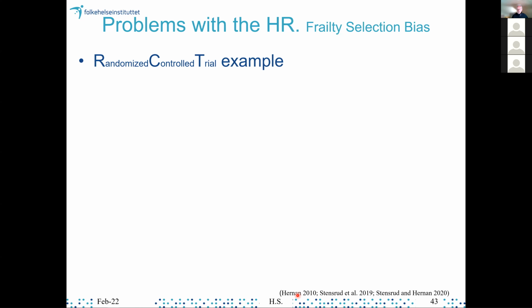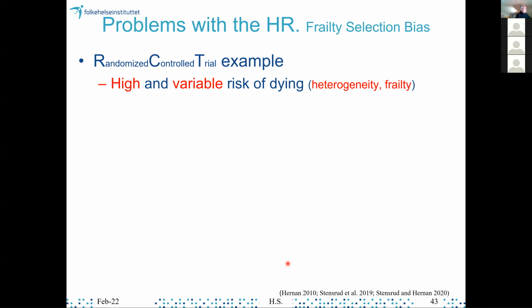So it's easiest to understand if we're looking at a randomized controlled trial example. We are assuming that we have a high risk of dying, and we also have a variable risk of dying. So we call that heterogeneity in the outcome effect, or in this case, it's often called the frailty. So we have frail people who die easily, and we have robust people who don't die that easily.